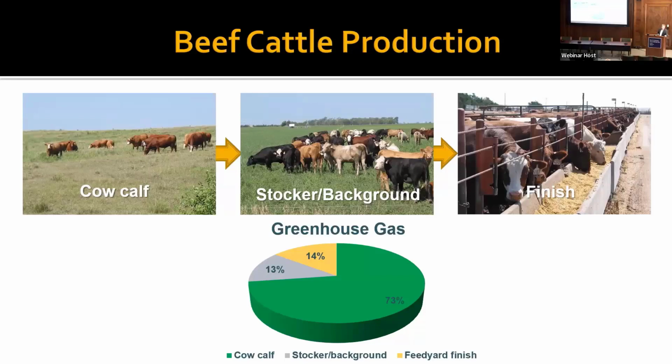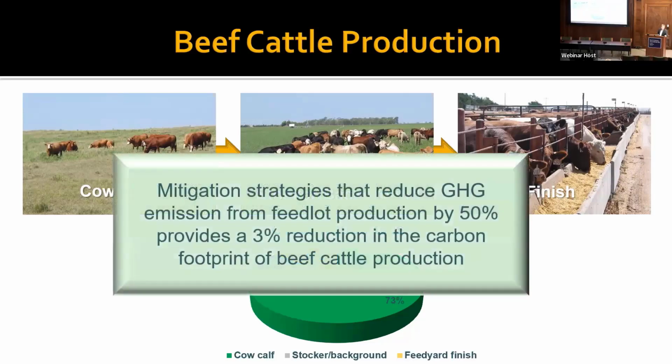The finish operation only really contributes about 14% of the total greenhouse gas emissions in the beef animal's life cycle. So if we were able to reduce the feedlot greenhouse gas emissions by 50%, this would only provide us a 3% reduction in the carbon footprint of the full beef cattle production system.